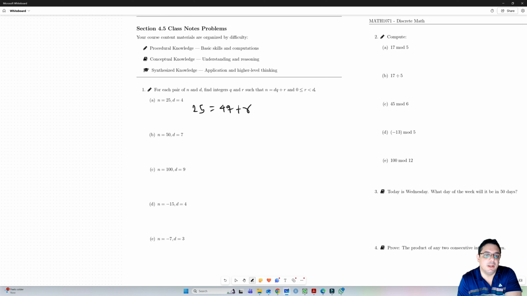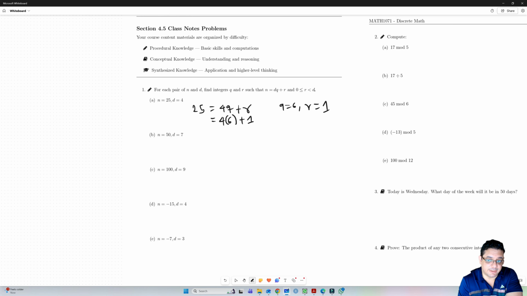So pretty much what we get is how many times do we have 4 in 25? Because 4 times 5 is 20, 4 times 6 is 24, so 4 times 6 will be 24, but I'm missing 1 to reach 25, so that is going to be my r. So at this point, my q is 6 and my r is 1.